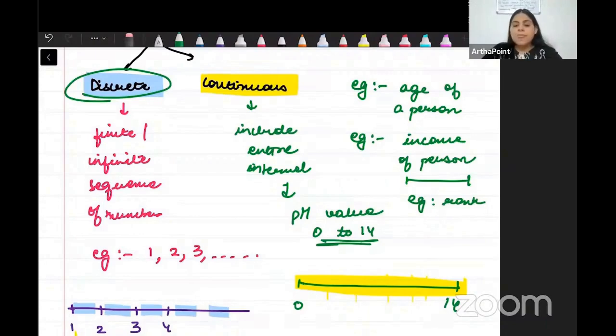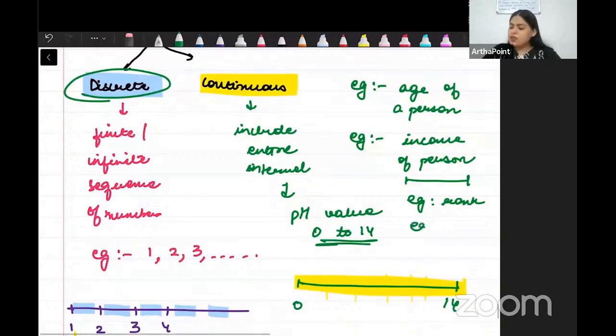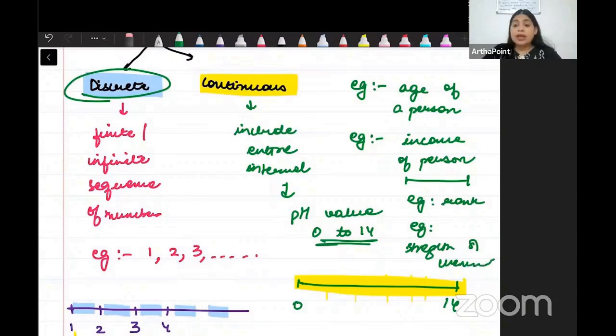Anything that I will be measuring, like for example, many books talk about the strength of a chemical, how easily or difficult it is to break a chemical. Strength of a chemical can be in decimals also, so it is continuous.